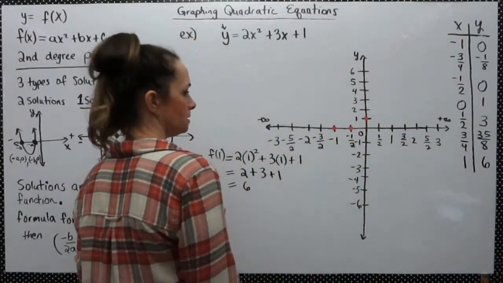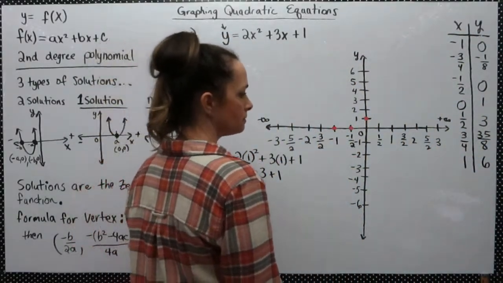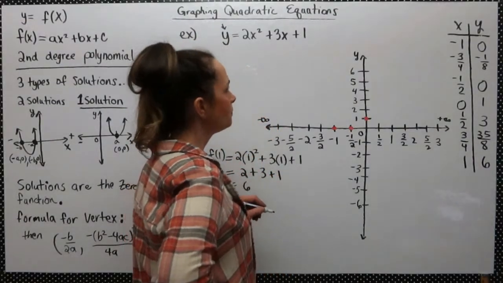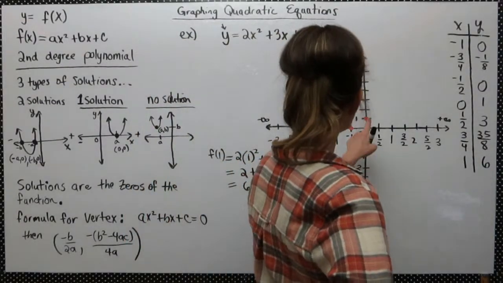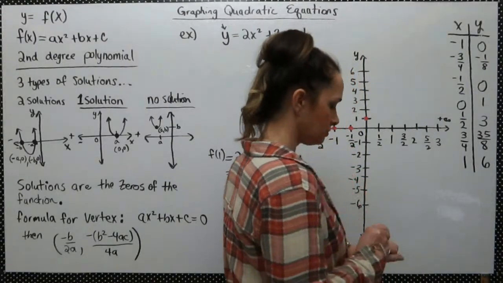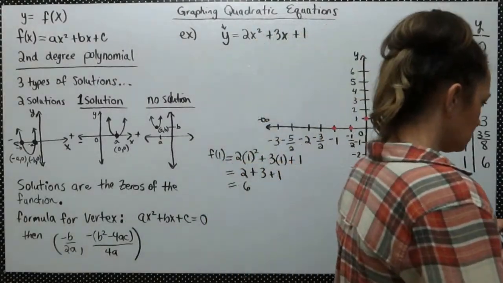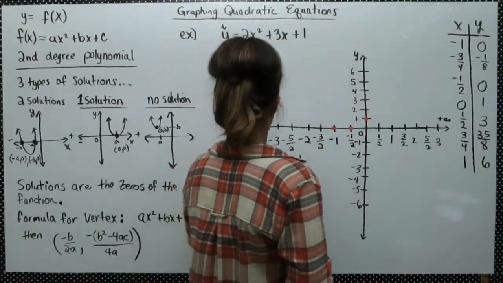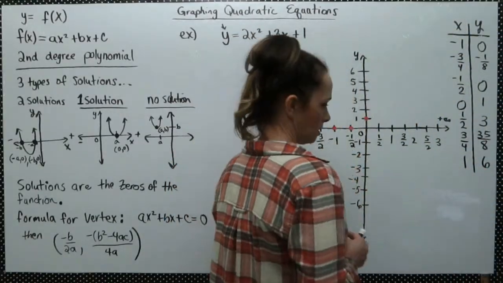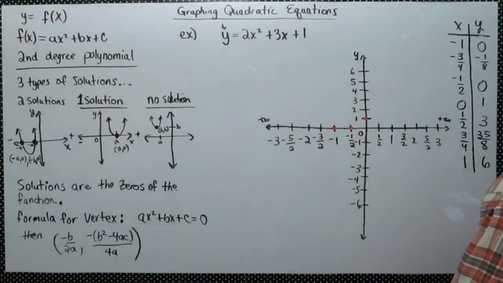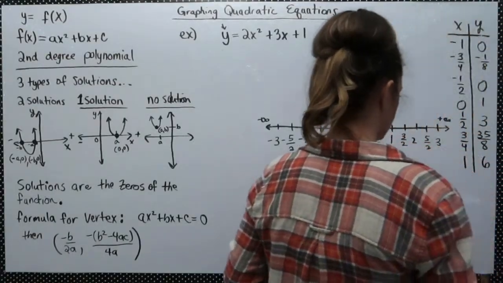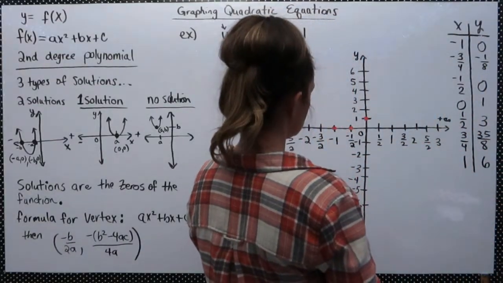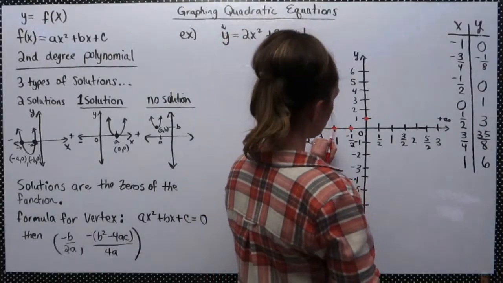40 minutes in, not too shabby. Okay. All right. I've got a couple of them already here. Oh yeah, I was going to do it in red. I'll do it in red here. So we've got -1, 0 on there.